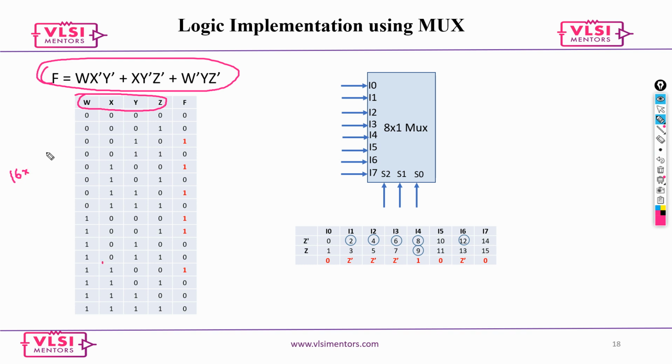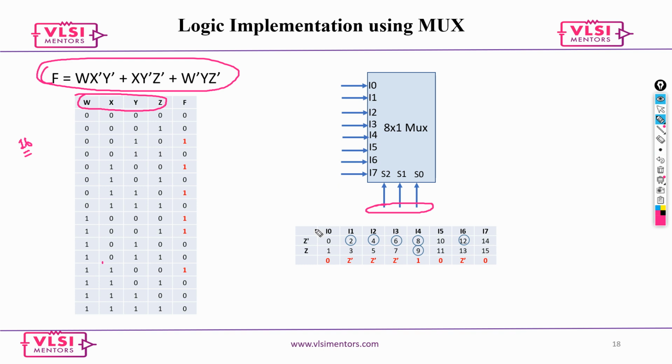Having four variables, the possible number of states is 16. This can be implemented with three variables as select lines and the last variable becoming one of the inputs. That is how we can implement it.